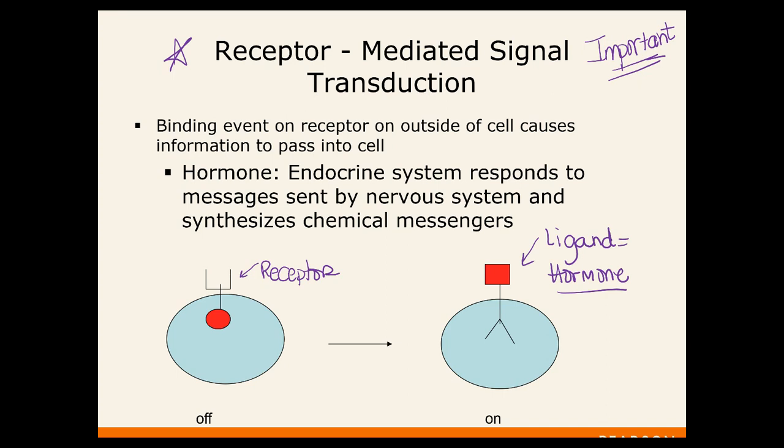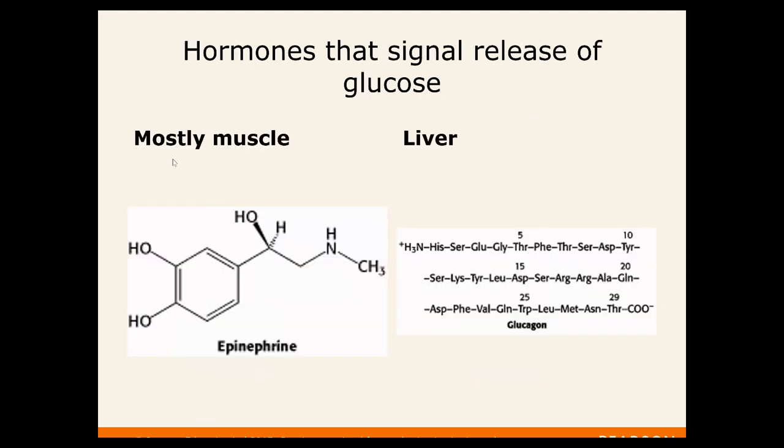What a hormone is: the endocrine system responds to messages by the nervous system and synthesizes what are called chemical messengers. So in simplistic terms, a hormone is a chemical messenger. And it's going to be what's considered to be a primary messenger. And the binding event is going to signal for something to happen inside of the cell. Okay, so let's take a look at the next slide.